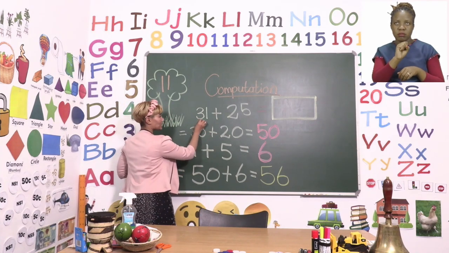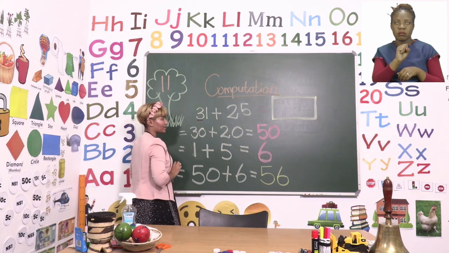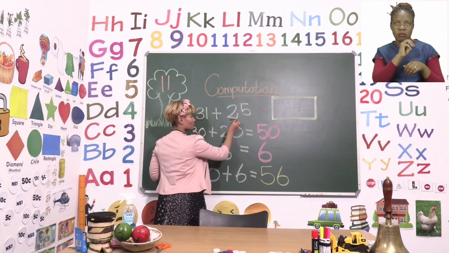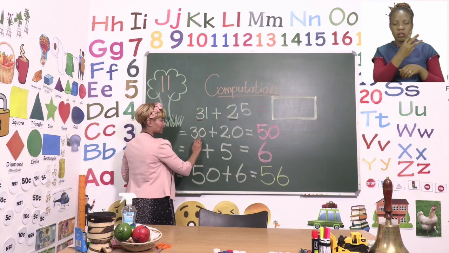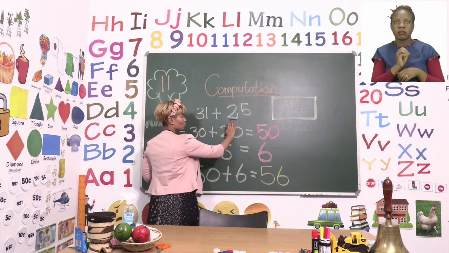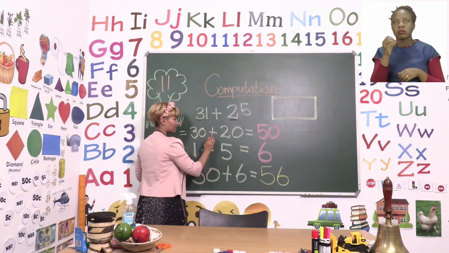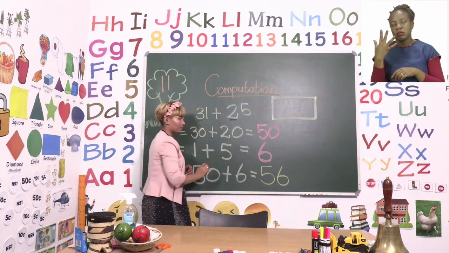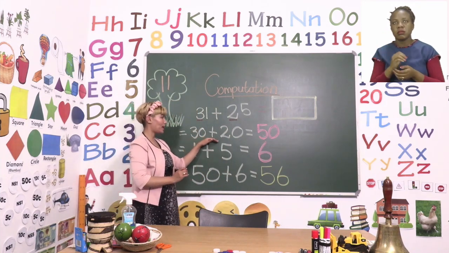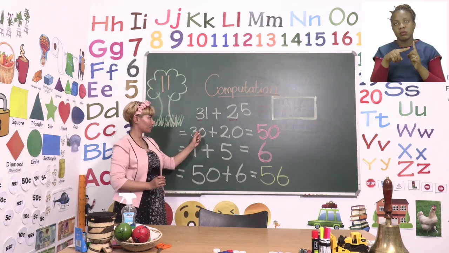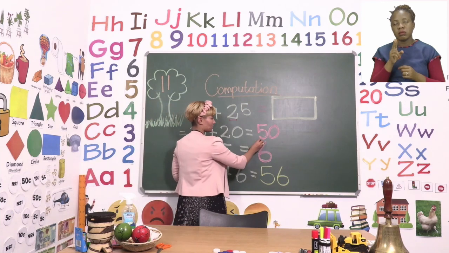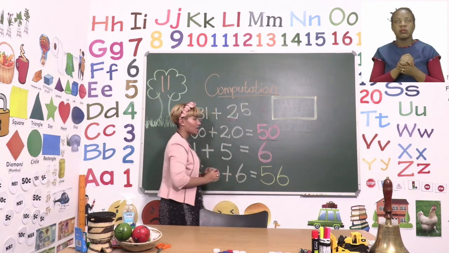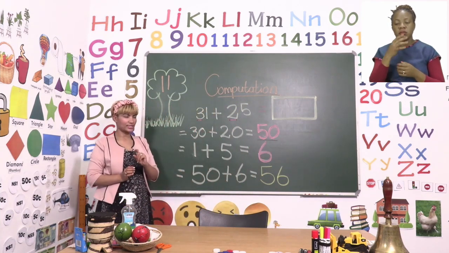So the tens is the 3 and the 2. The value of this 3 is 30, and the 2 from 25, the value is 20. So 30 plus 20 will give us 50.